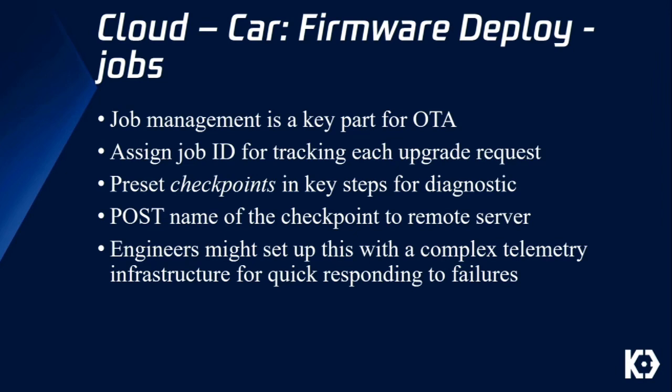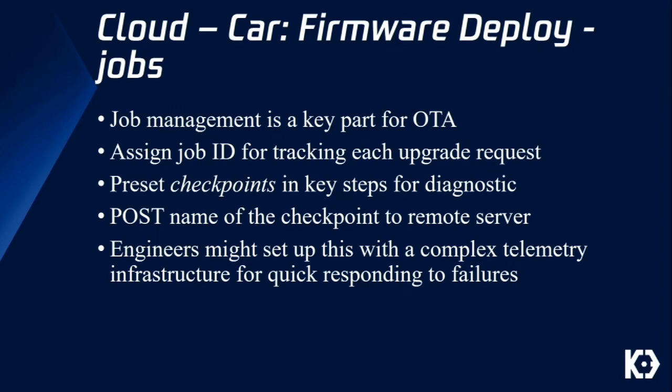And the checkpoint's name and related info and the job ID will be posted directly to the remote server, actually the handshake server. So we believe in Tesla, engineers might set this up with a pretty complex telemetry infrastructure. So they can make a very quick response to, if any, bugs in their new OTA package.